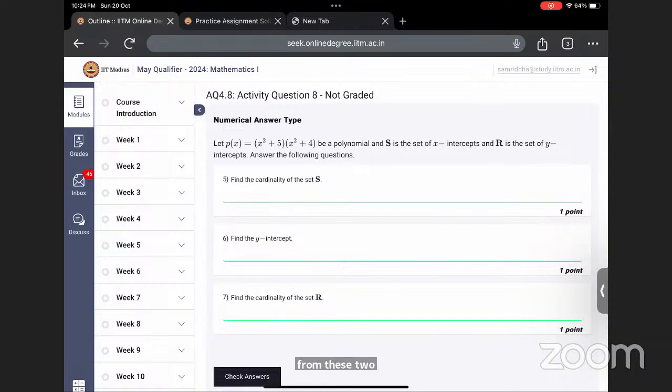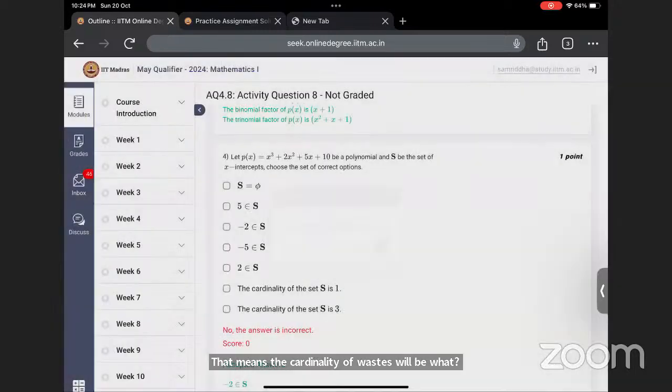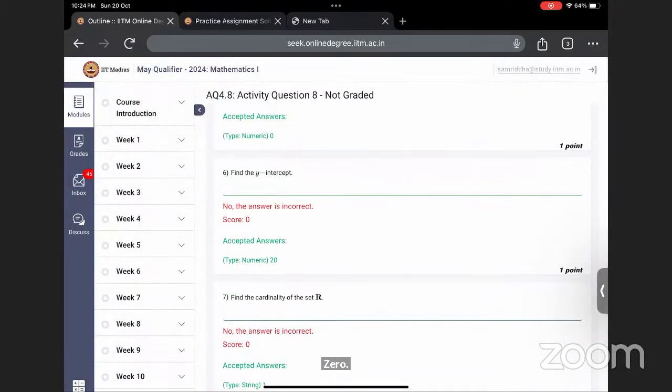Not possible, right? Setting x squared plus 5 equal to 0 will not give any real root, only complex roots. That means the cardinality of S will be 0. Let us check the answer. 0, right?